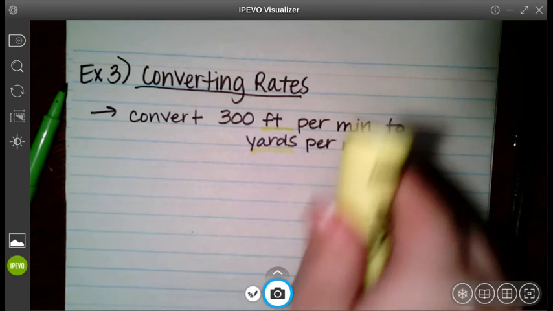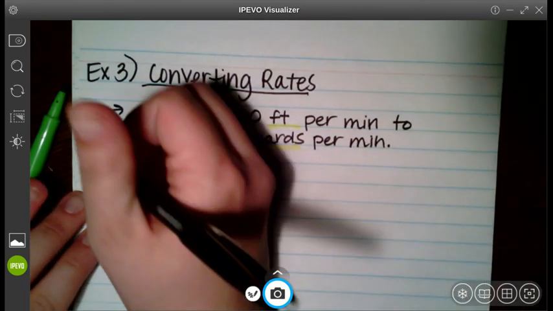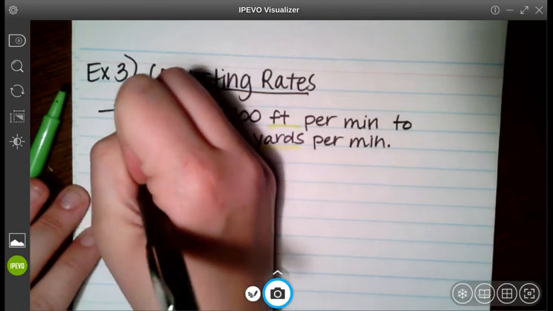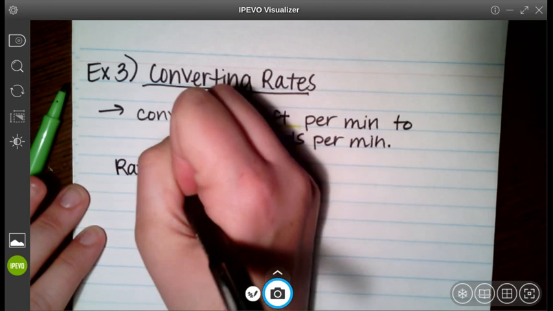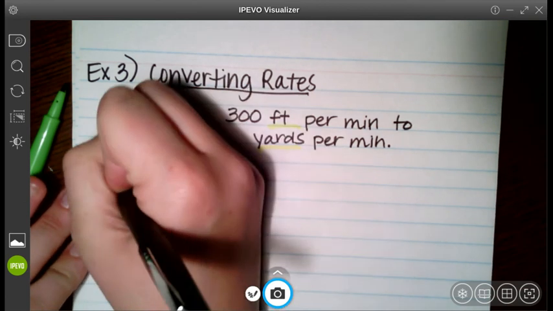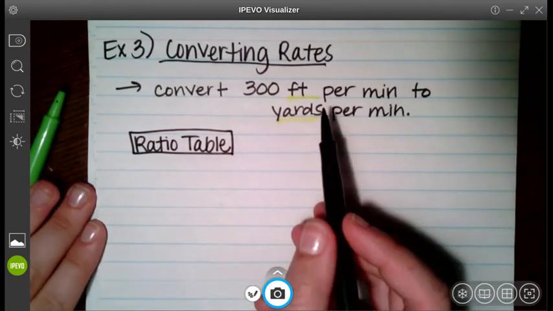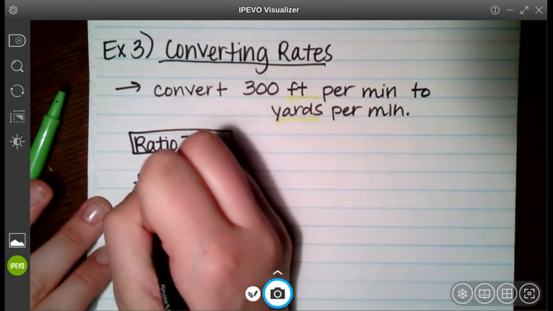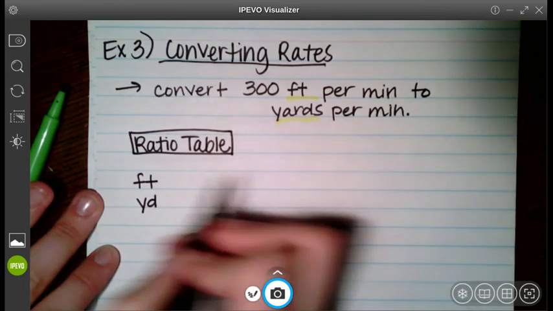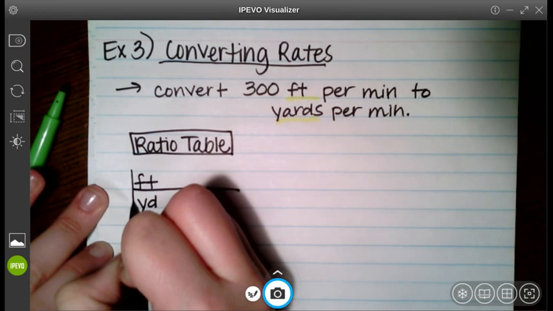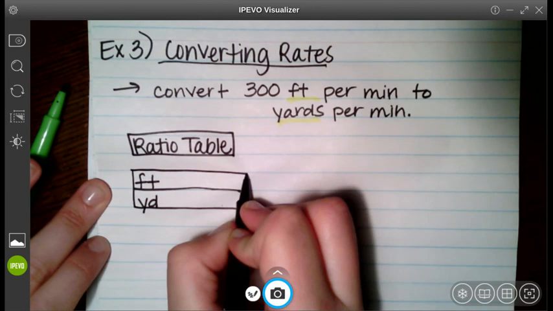Okay, so again, we can use both of these strategies. If I use a ratio table, I'm converting feet to yards, and I notice that that is customary to customary.